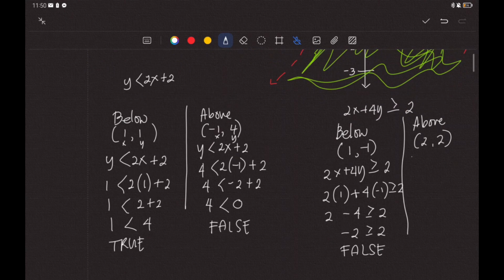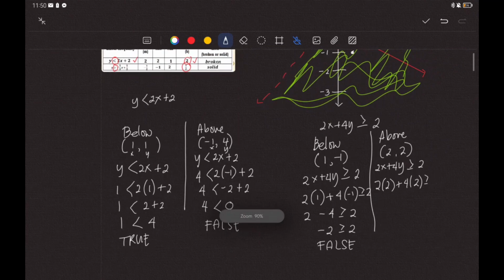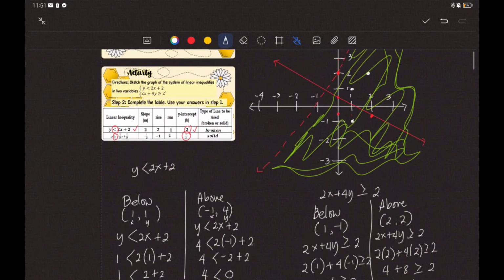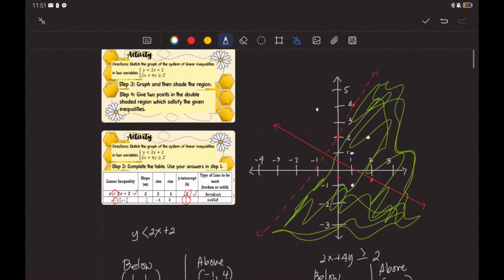For the above, this is 2x plus 4y is greater than or equal to 2. 2 times 2 plus 4 times 2, 4 plus 8 is greater than or equal to 2. This is 12 is greater than 2, and this is true. So for the second, we are going to shade the above part.